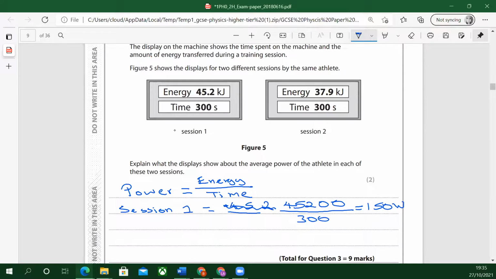Okay, session 2. Again we're doing 37.9, so 37,900, also the same time. That will give us 126 watts.